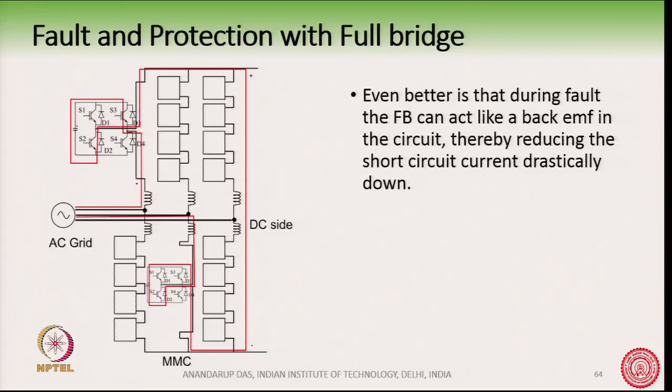The exchange of energy or power between this voltage source and the voltage source here is governed by this inductor. So, we often use the formula: if there is one voltage source V1, another V2, and an inductor in between, the power can be controlled by a formula from basic circuit theory, V1 into V2 divided by X into sine delta.